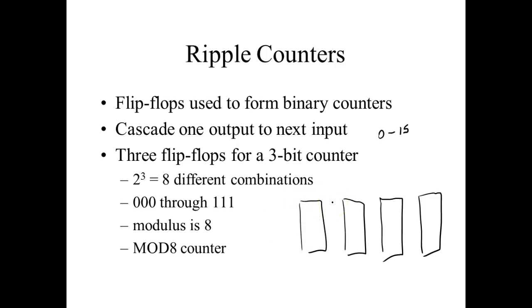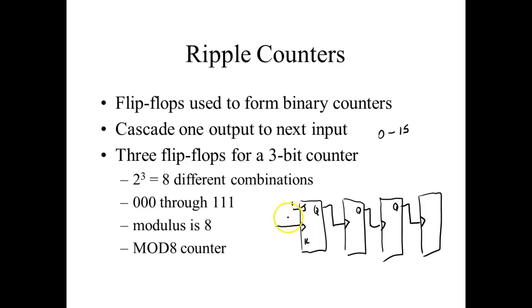We know that if we connect the JK inputs to a 1, then every time I pulse the clock, it will toggle, right? So I take the Q of this one and feed it into the clock of the next one, and then take the Q of this one and feed it into the clock of the next one, and so on.